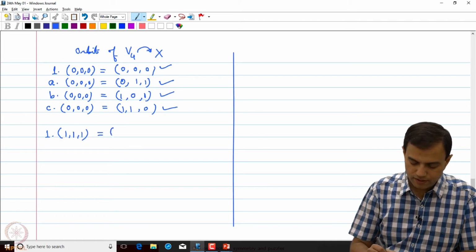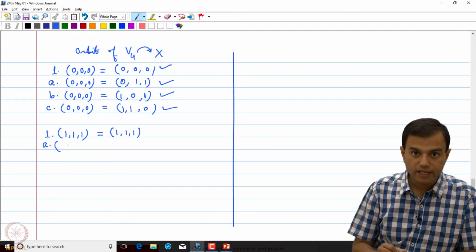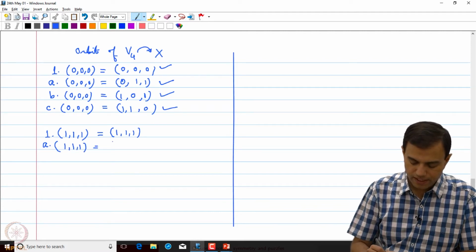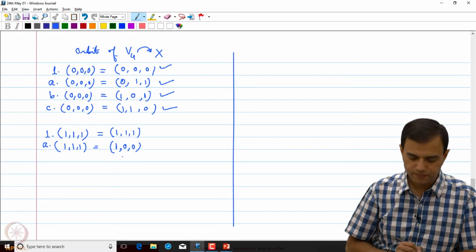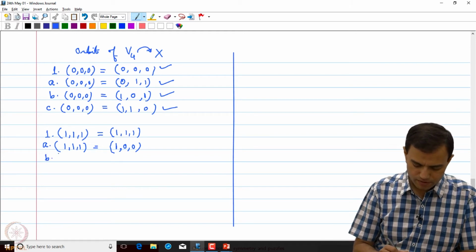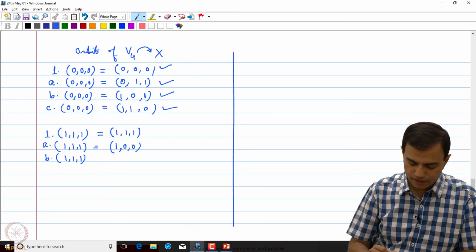What about 1 1 1? Under the influence of 1, 1 1 1 goes to simply 1 1 1, no change. What about A acting on 1 1 1? That is simply the position of A. The first position does not change, the other two positions become 0. What about B acting on 1 1 1?